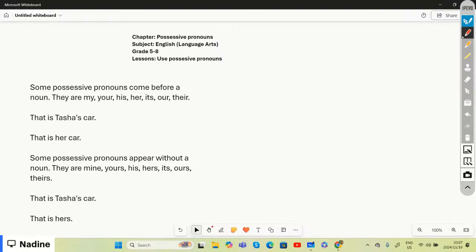And the words that we are going to be using to show that this person or thing owns something or has something are words like my, your, his, her, its, our, or their.